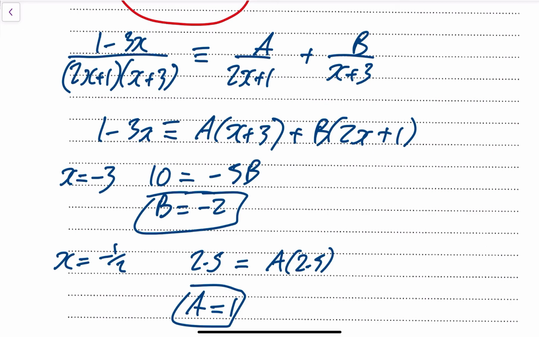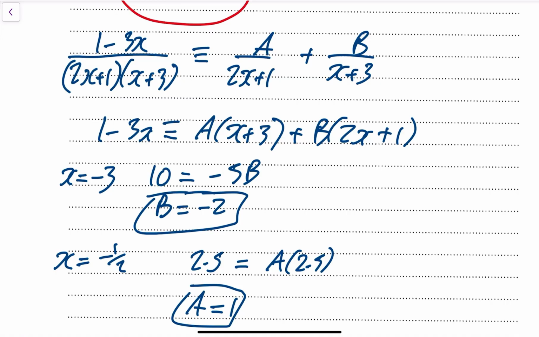Have I made a mistake in that? Minus 1 minus 3 times minus 0.5 is, yep, that is 2.5, that's right.